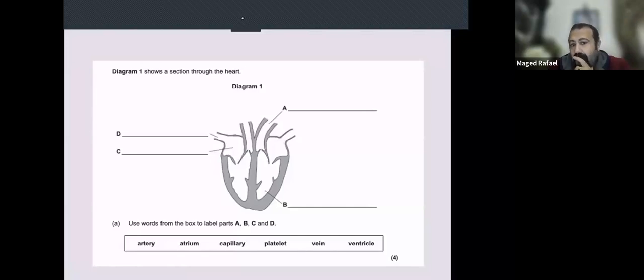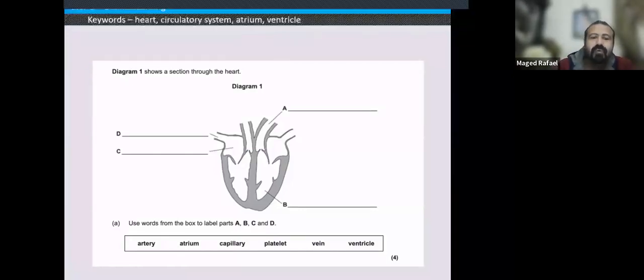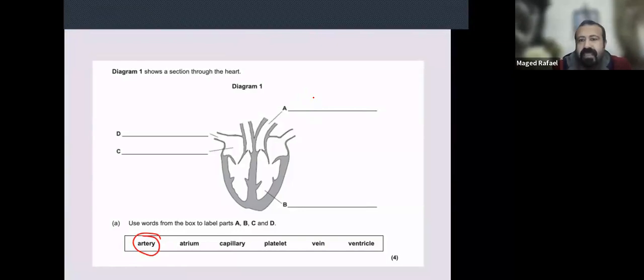Is it artery, vein, ventricle, capillary, atrium? A is the artery, one of the largest artery, which is the aorta, but we don't have aorta here, so we will write artery.